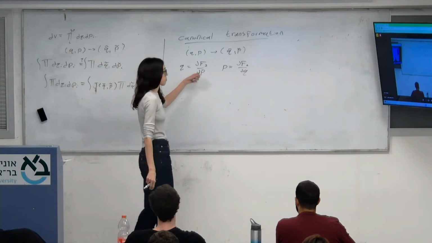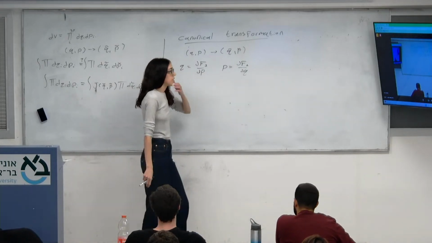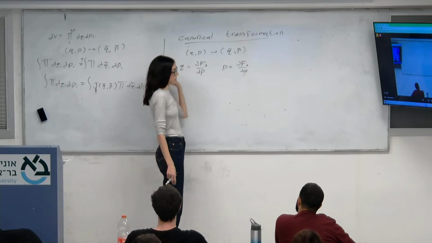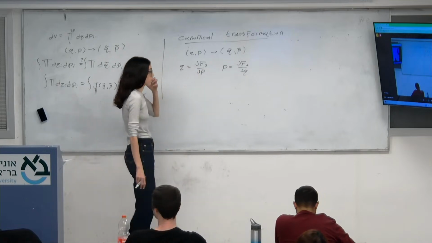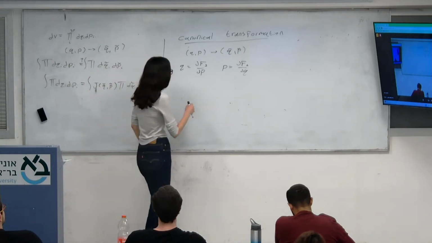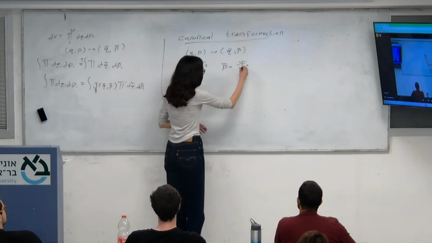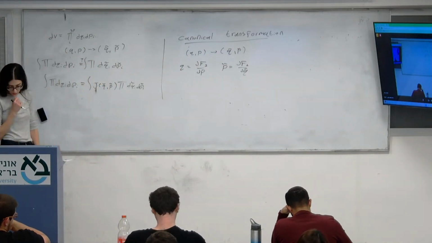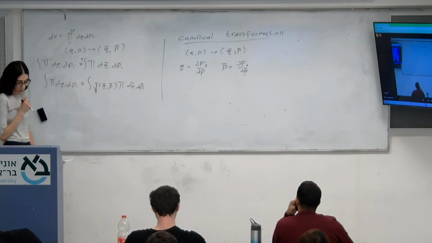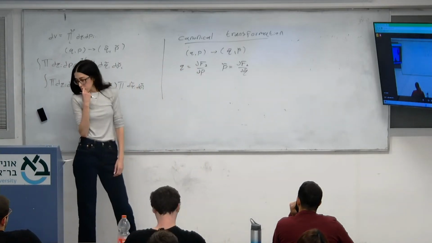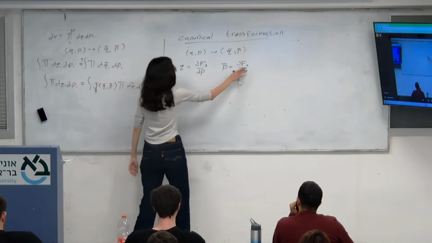So this looks a little bit like Hamilton's equation, but it's not, because I don't have derivative with time and I don't have the minus. So this is just a transformation from one set of coordinates to the other. So I'm sorry, this is how it should be.